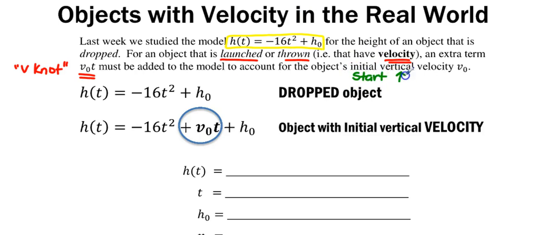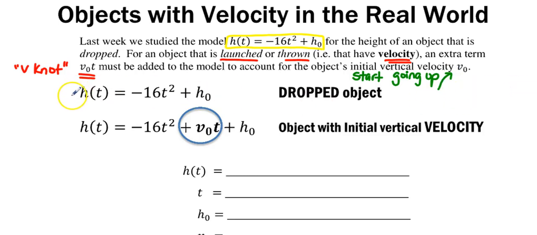Vertical means that it's going up. Going to put little words here. So how it starts, it's initial and vertical going up. Because an object that's being launched or thrown is going up.